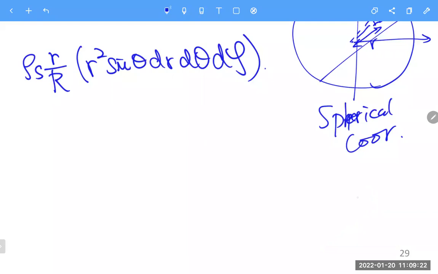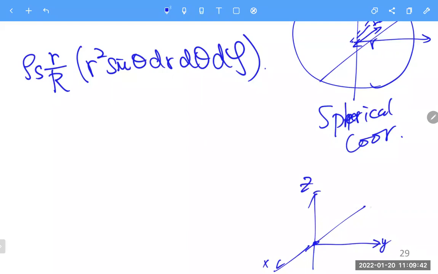Okay. So suppose this is the original point, and maybe I should write it the other way around, like this. So maybe this is the x, y, and z axis.